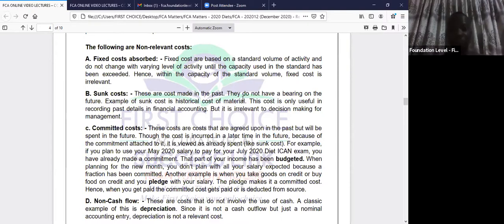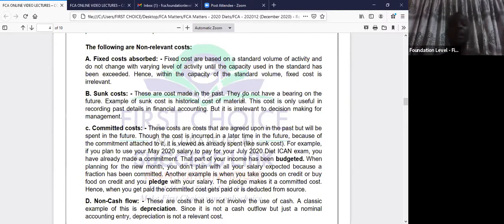That's an assumed figure. We've incurred that amount for subscription, and so it has been absorbed and it is irrelevant. We will not be using it to take decision on how much we are going to charge students. We cannot use that to take decision on how much we are going to produce.